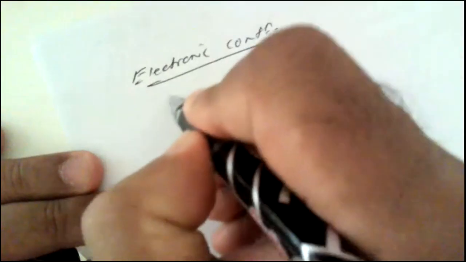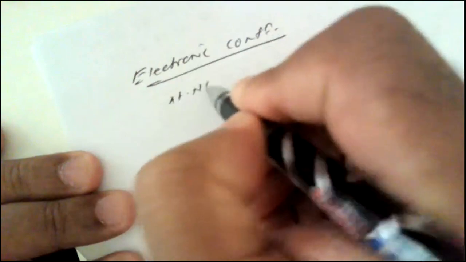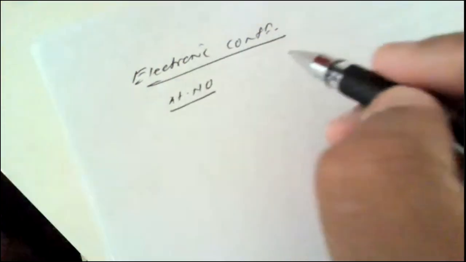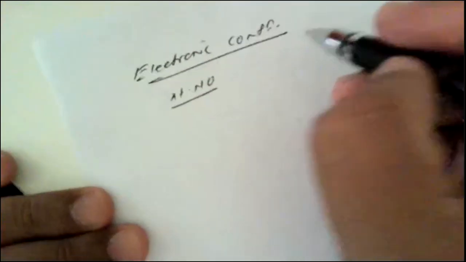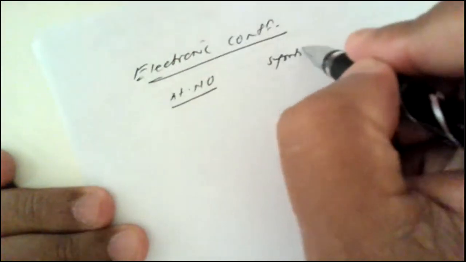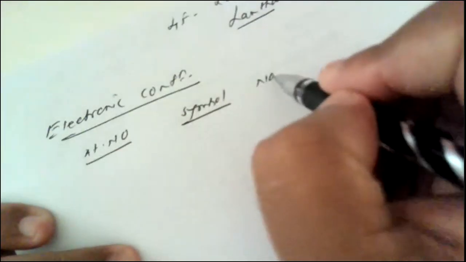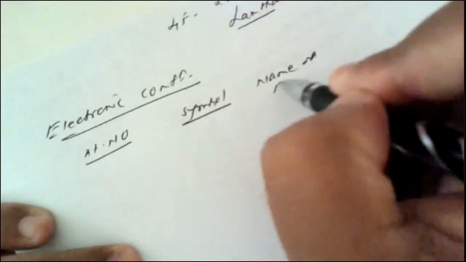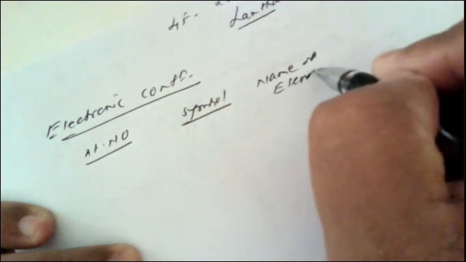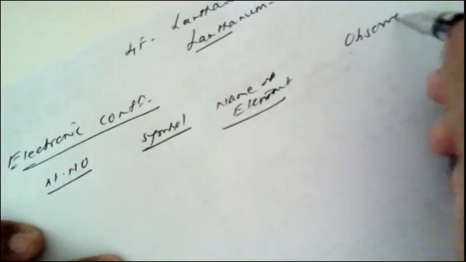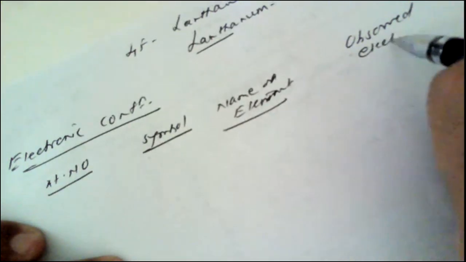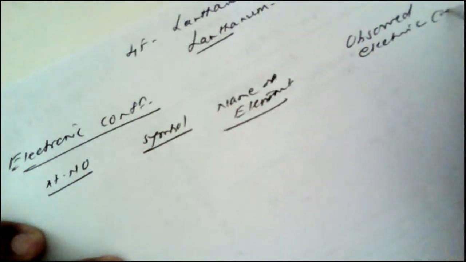First I shall write the atomic number, then the symbol of the element, then the name of these elements so that we will become familiar with the names, and the last column is the observed electronic configuration.